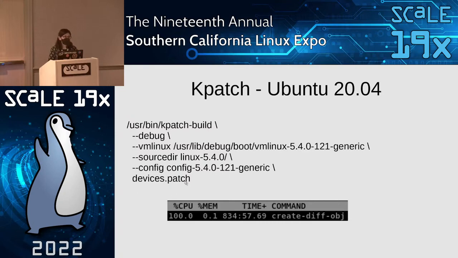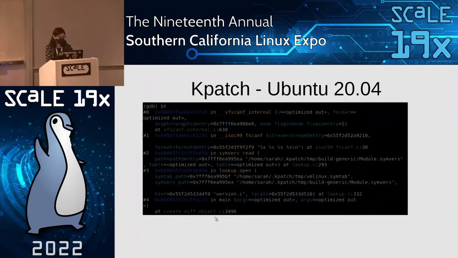When I kicked this off at 5 p.m. one evening, I came back at 8 p.m. and it still wasn't done. And I'm like, well, maybe it just takes a long time. And I came back in the morning and I discovered it was still running. This was not something I expected, so I decided to attach GDB.